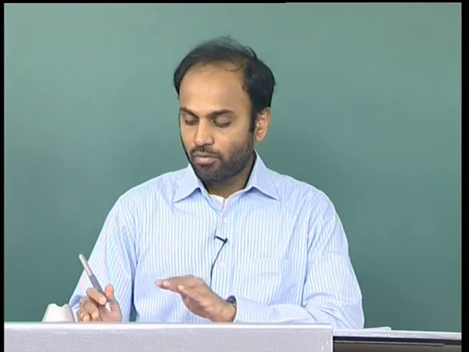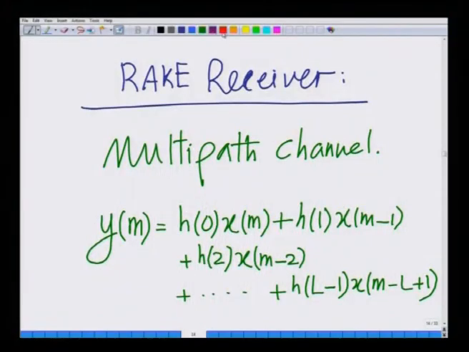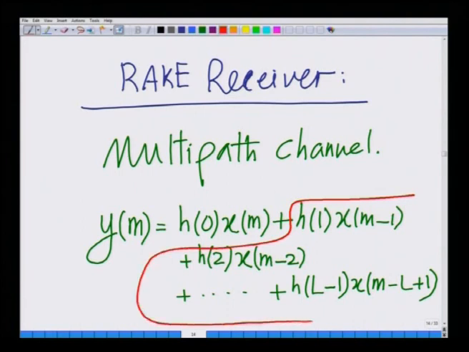Now, forget this part that I have over here. If this part did not exist, that is y m equals only h0 x m, then this is nothing but a flat fading channel. Remember, we talked about this, that incoming signal at time m depends only on the input at time m.